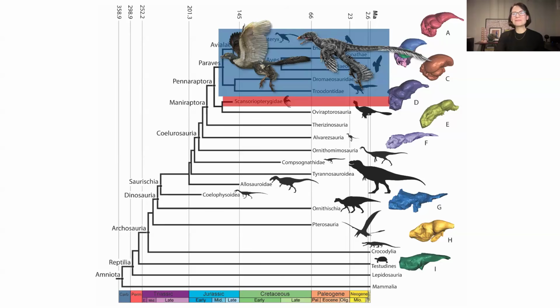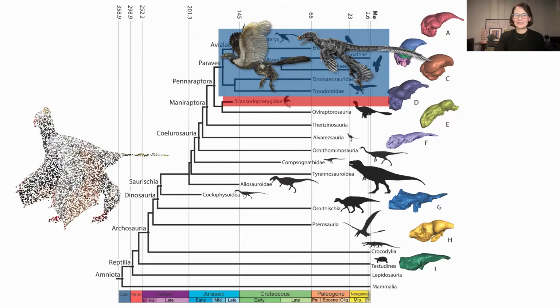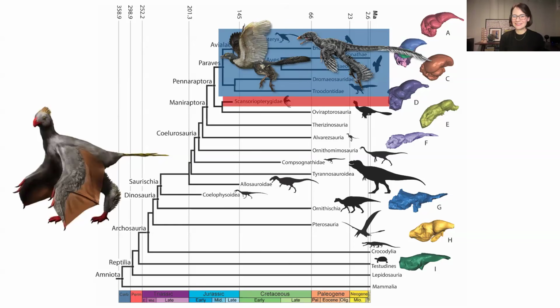So Scansoriopterygidae, these guys look like this. And so they have these membranous wings, and these are relatively newly discovered fossils from China. And although they most likely weren't capable of powered flight, they were probably undergoing some sort of gliding flight.